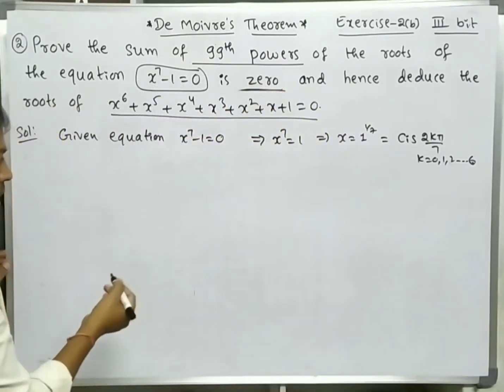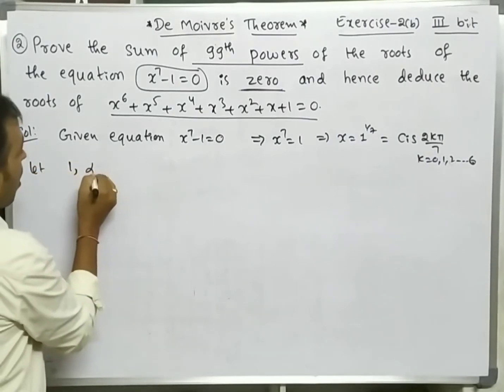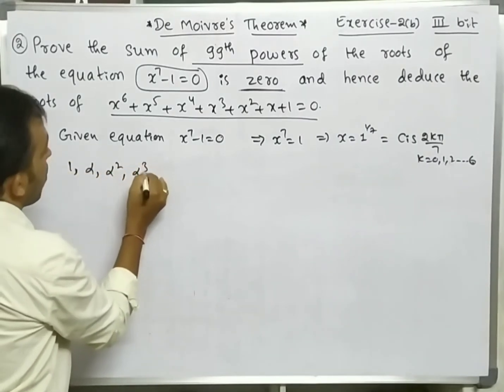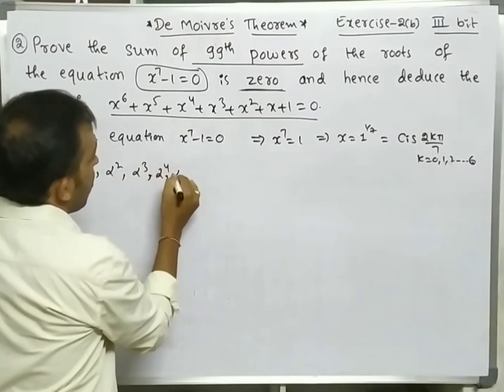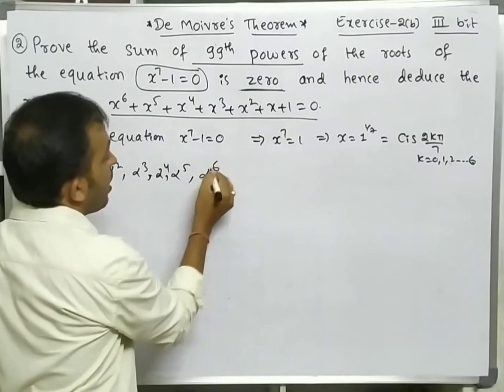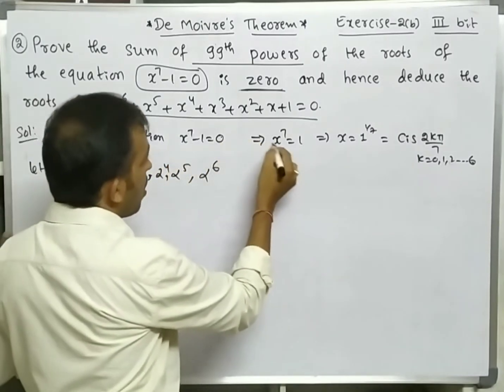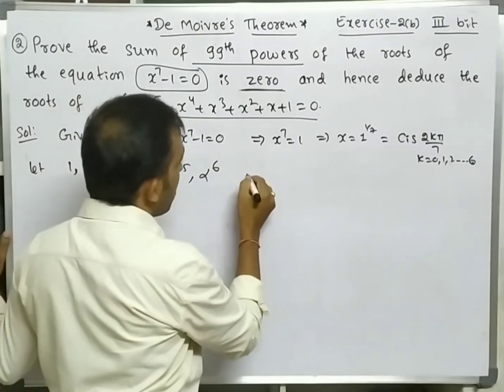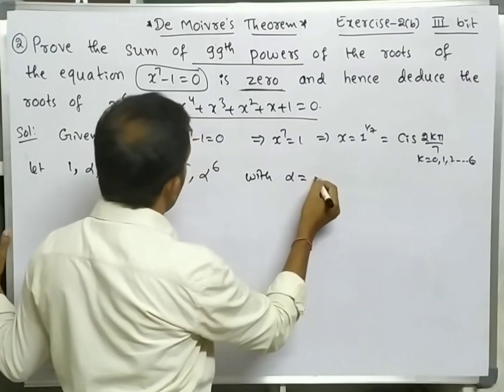So here the 7th roots of unity are 1, alpha, alpha square, alpha cube, alpha power 4, alpha power 5, alpha power 6.